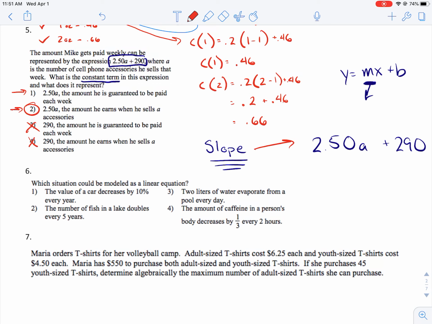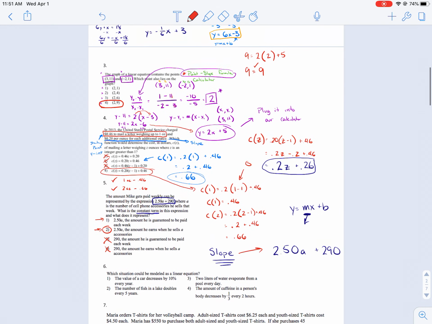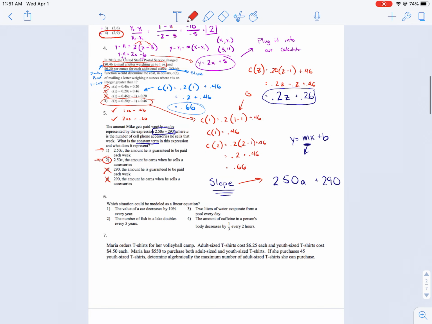So in this case, that is number 2. Okay, so 2.5 times A, the amount he earns when he sells accessories. For each accessory he sells, he earns an extra $2.50. And that is our answer to number 5.